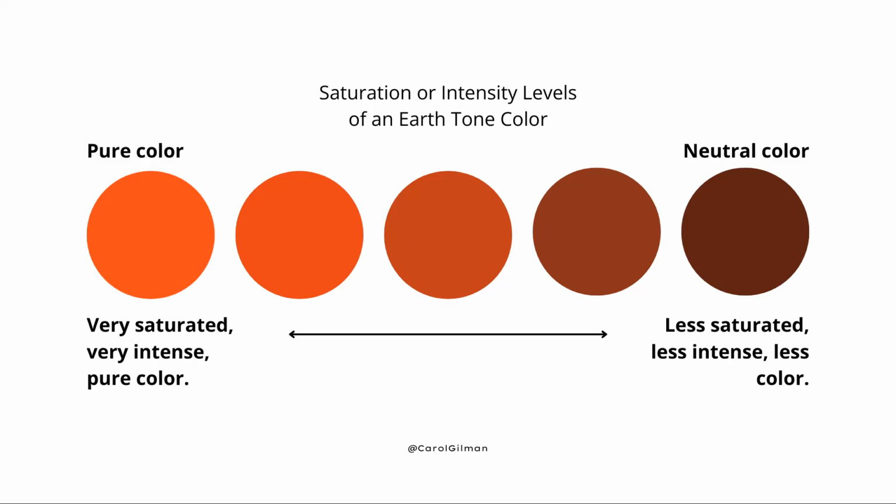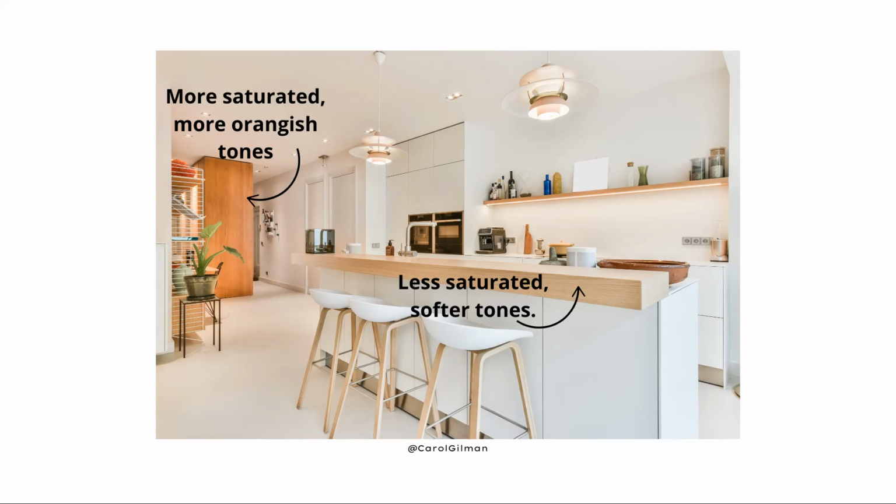So maybe having some different variation of intensity in different areas of the room will help to create some nice contrast, even in a subtle way or a big way, just to create some variety in the space where you have different levels of saturation.